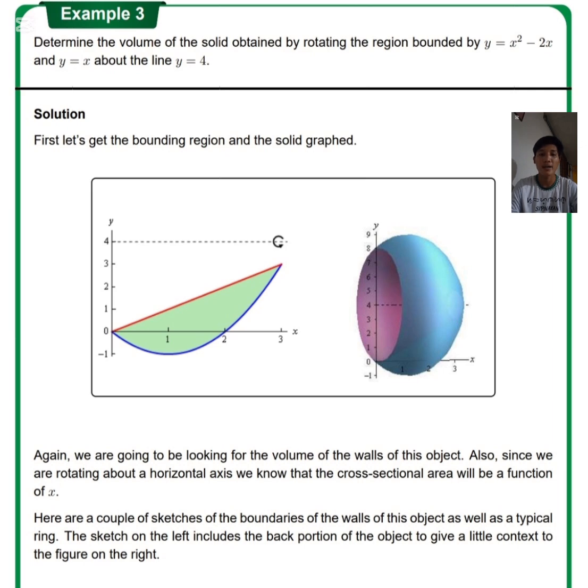Here are a couple of sketches of the boundaries of the walls of this object, as well as a typical ring. The sketch on the left includes the back portion of the object to give a little context to the figure on the right.